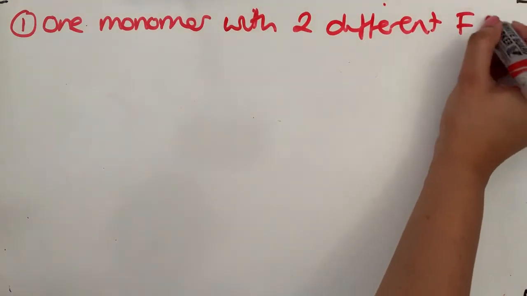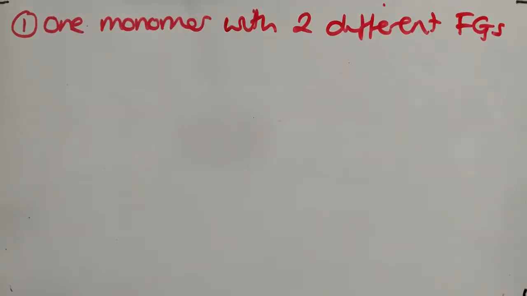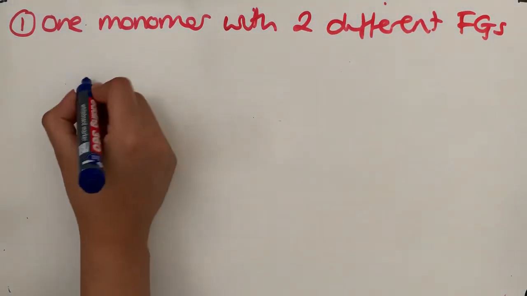I'm just going to use FG for functional groups. Within one monomer, we're going to have two functional groups. If we're making an ester bond, the two functional groups that we should be looking at are carboxylic acid and an alcohol. So what we can have is just one monomer.